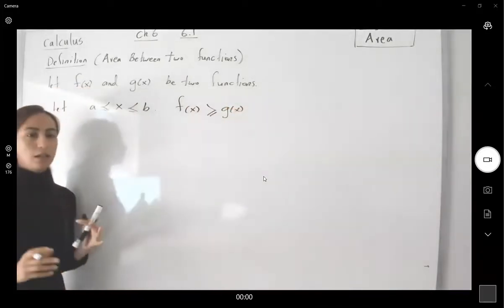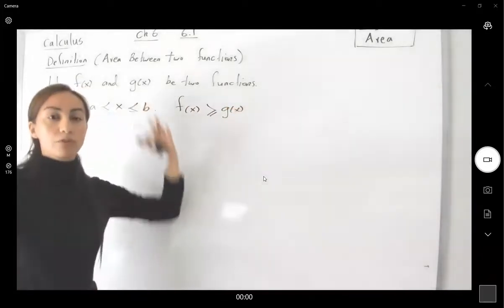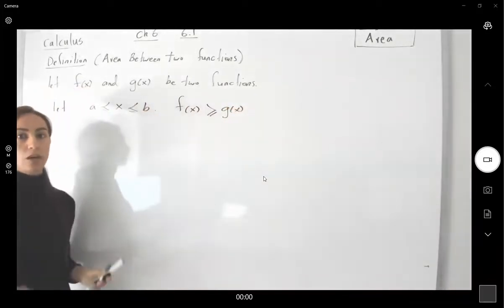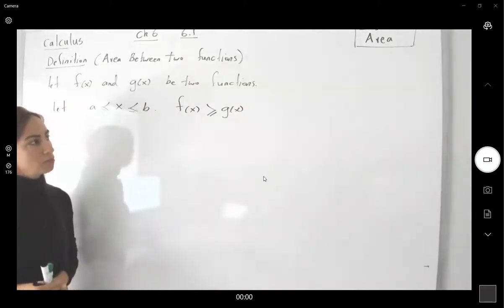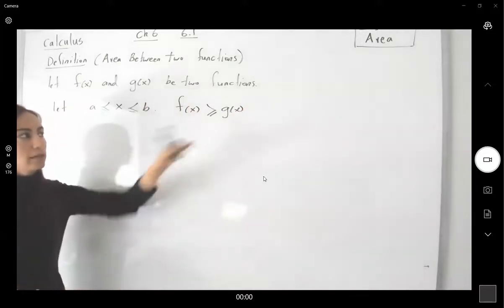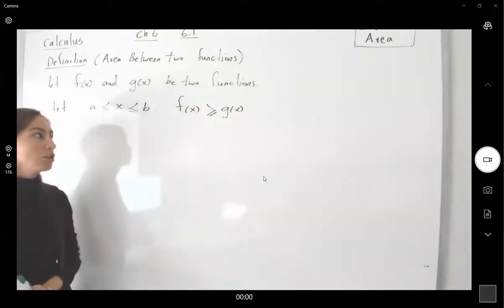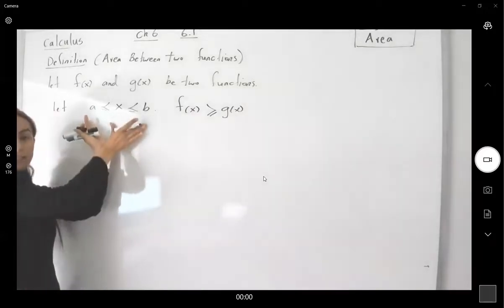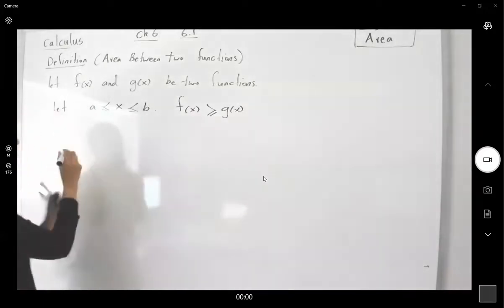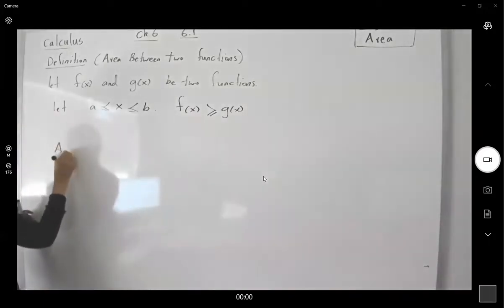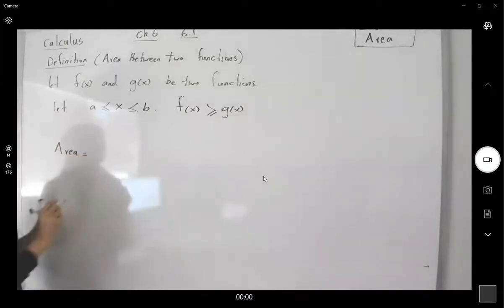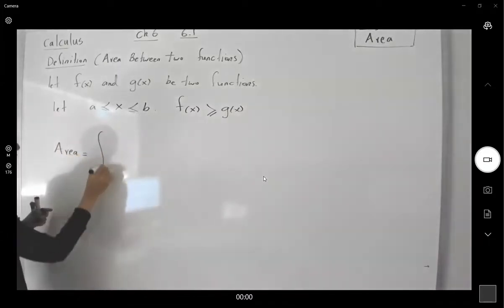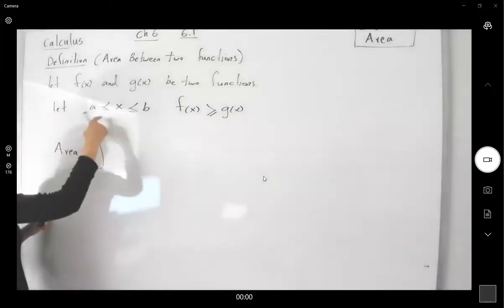Eventually, I'll tell you that you can use the absolute value to make sure that the area is not negative. In this case, the area bounded between these two functions, while x is between a and b, is equal to the definite integral while x is bounded between a and b.